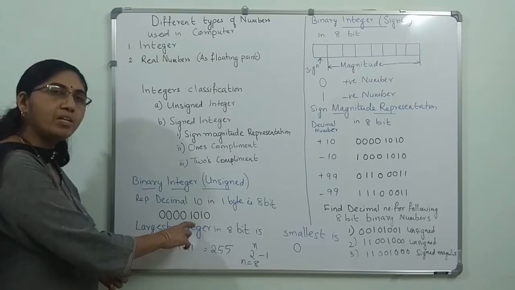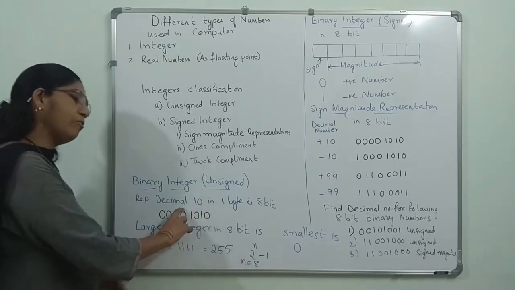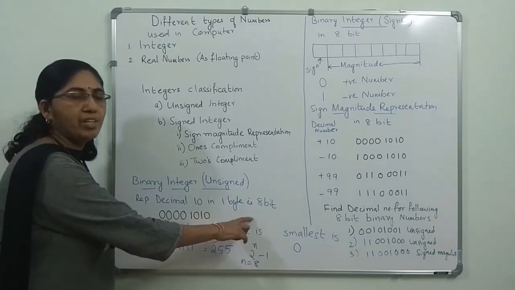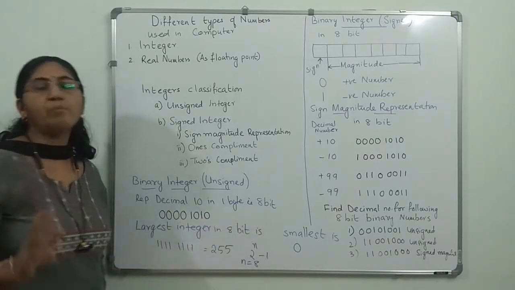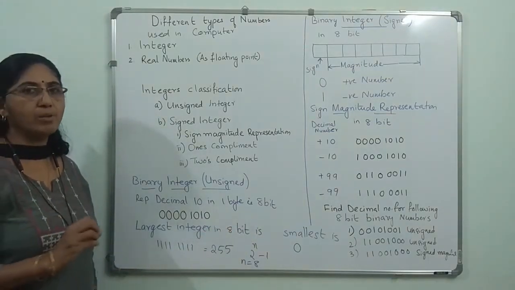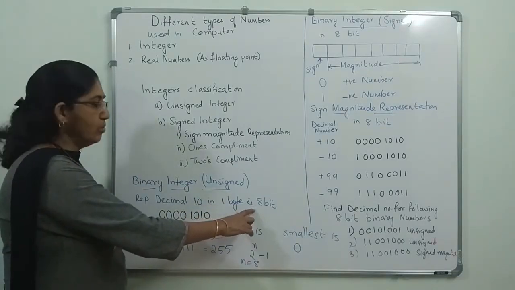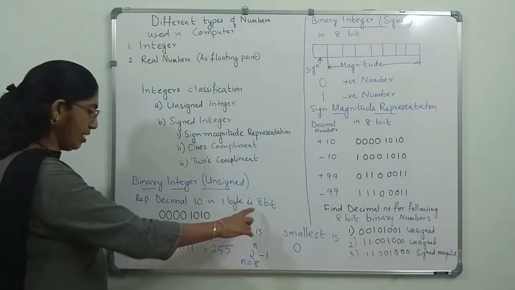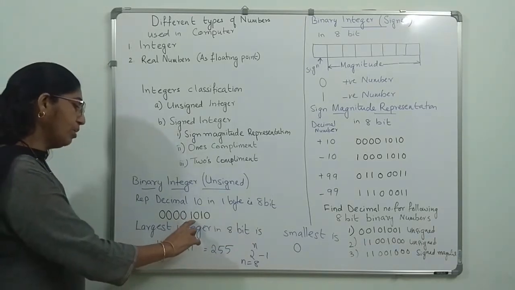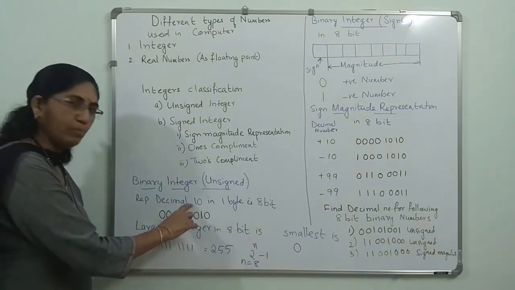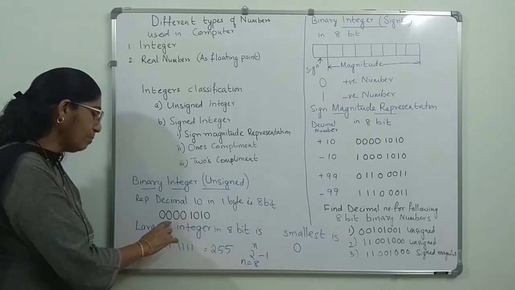But we have to represent this in 8 bits because we have specified 8 bits. Whatever number you are given and asked to represent, you will be told in how many bits you have to represent it. So this is an 8-bit representation. In 8 bits you need only 4 bits to represent decimal 10, so the others you will keep as 0.